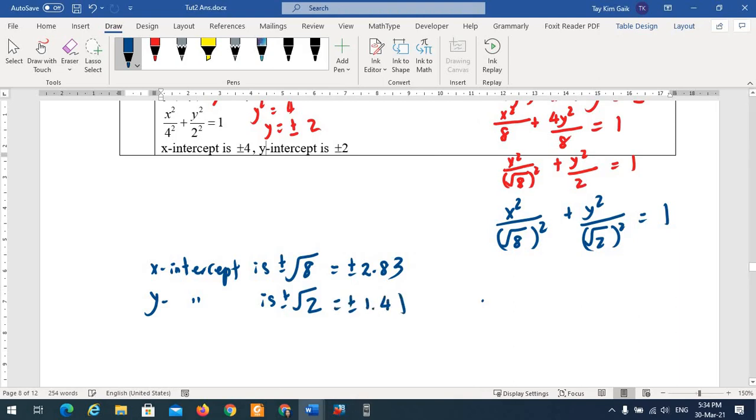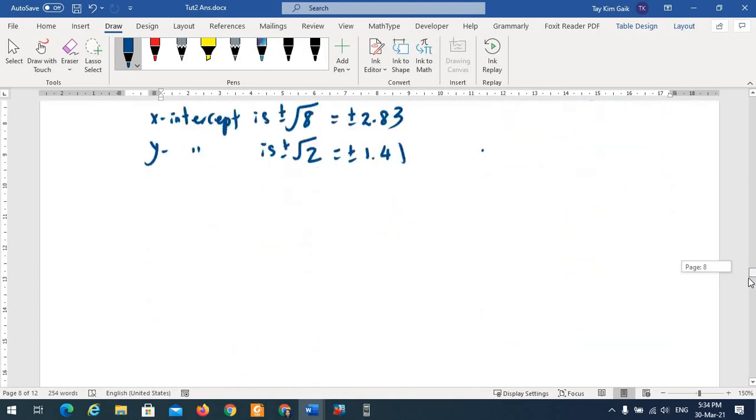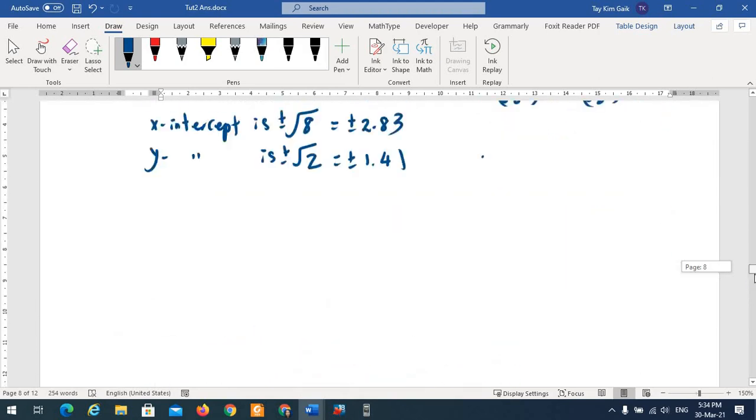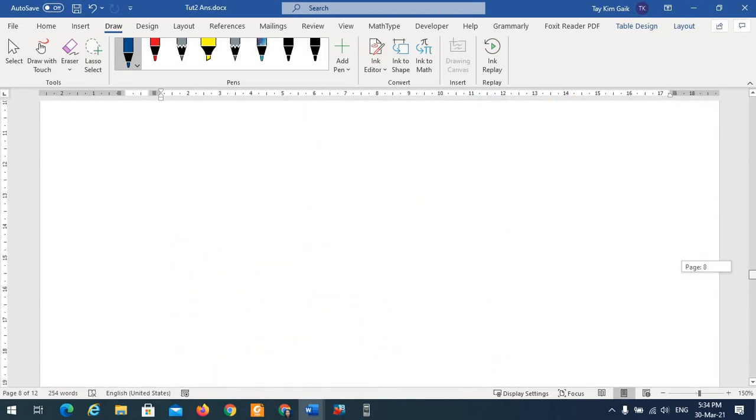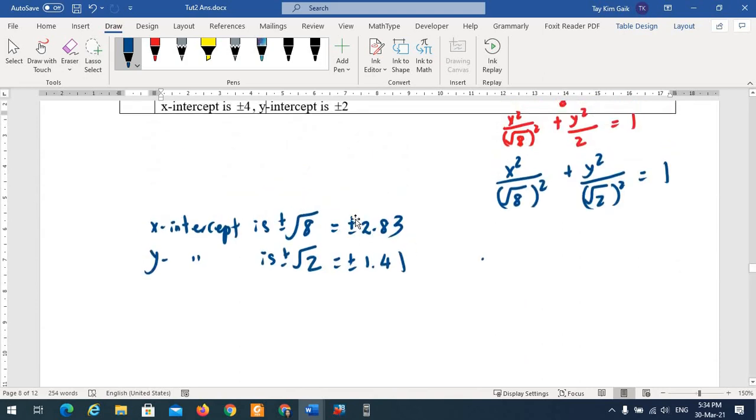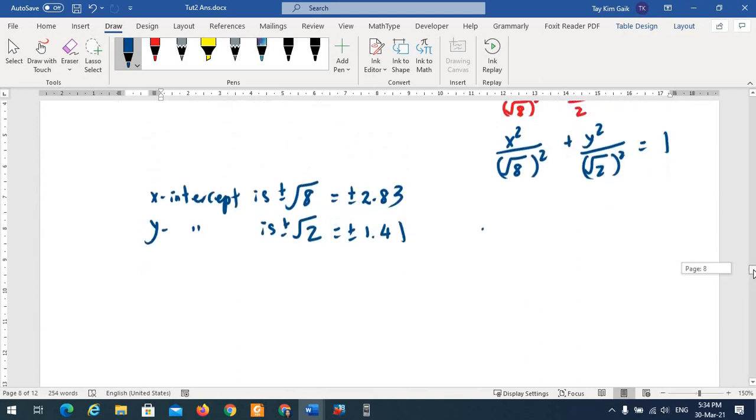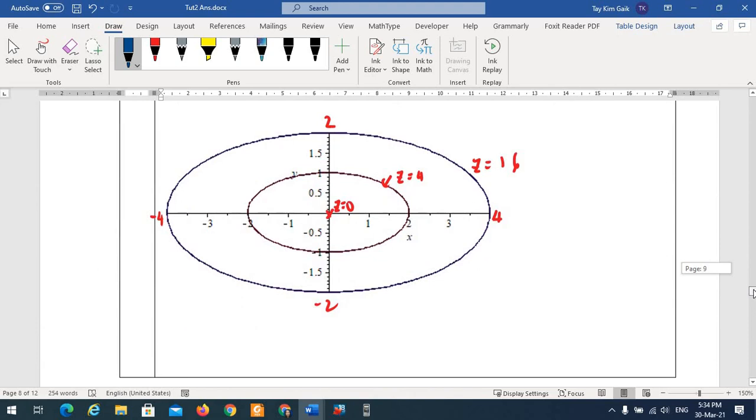So if we want Z or C equal to 8, you have here X-intercept positive negative 2.83, somewhere 2.83. And then the Y-intercept 1.41. And that's 1.41. Then you draw another image.